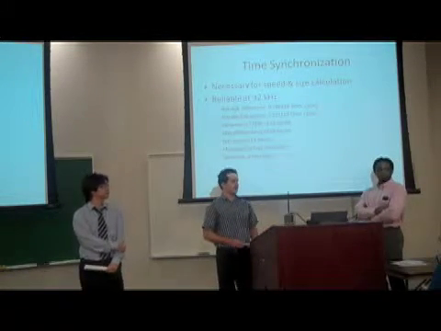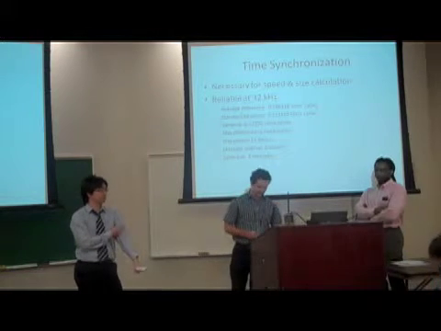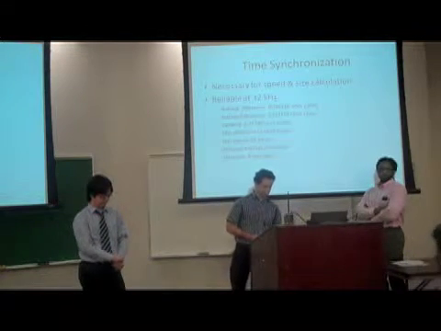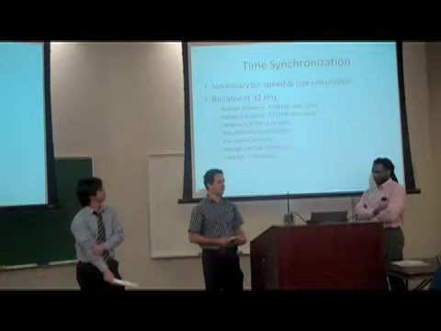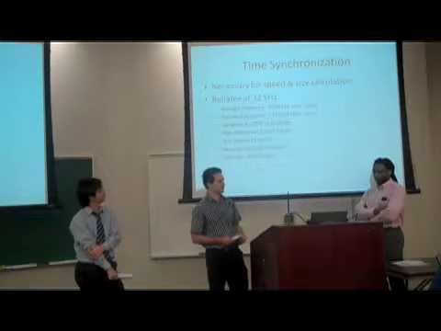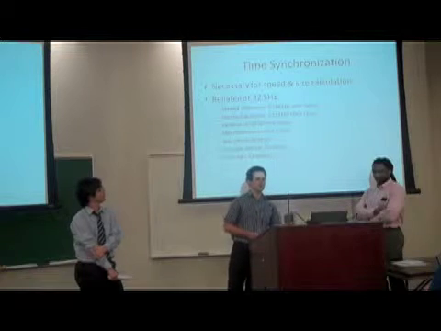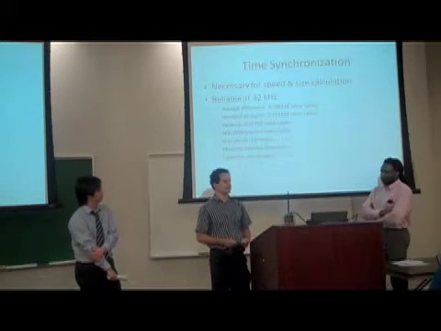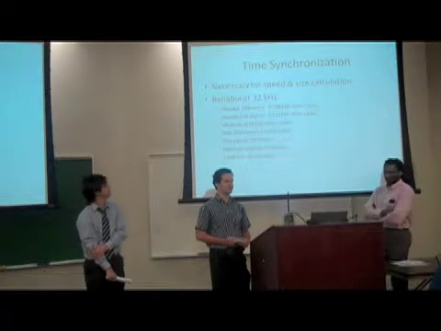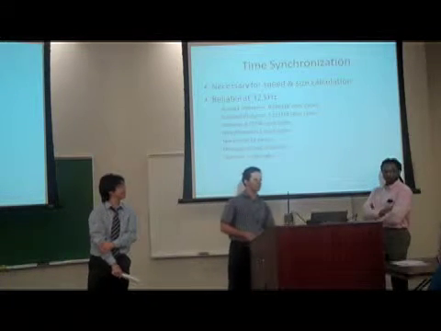Next, I'd like to discuss time synchronization. This is a very critical key component in our system. Without this, we would not be able to have successful speed or size calculation. The gateway and both of the sensors have to have very accurate time synchronization because they work based off of time stamping events in real time.